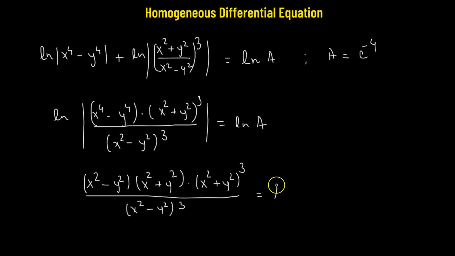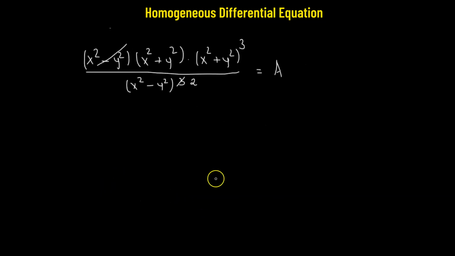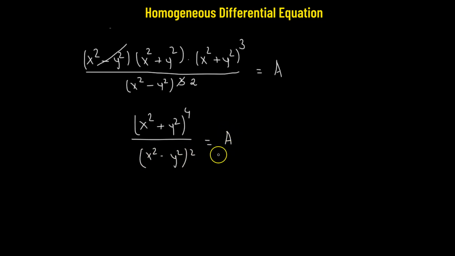So this is equals to a. Now we'll see immediately that a few of the terms get cancelled out. So this will get cancelled out and one term from the denominator. So there will be a square here. And in the numerator, we have (x squared plus y squared) raised to the power of 4 divided by (x squared minus y squared) whole raised to the power of 2 equals to a.